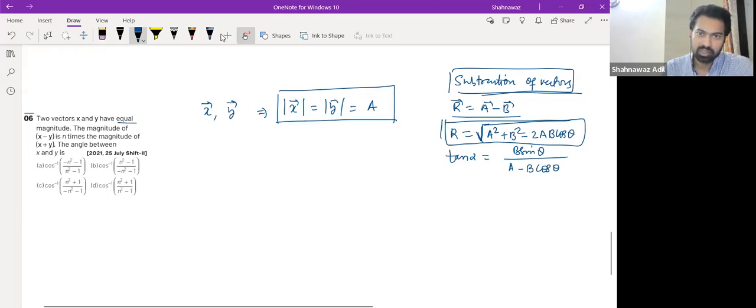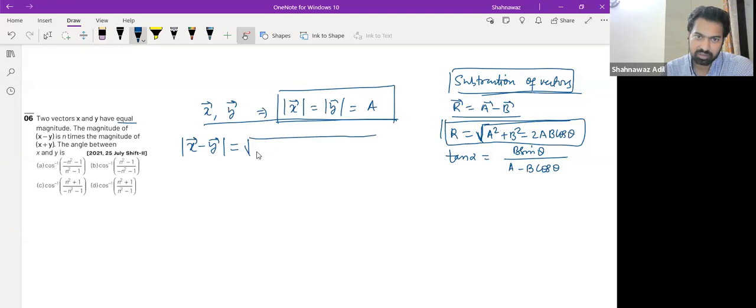Okay, now we can do this problem. So what would be the magnitude of x minus y? This would be square root of x square plus y square minus 2xy cos theta, right?